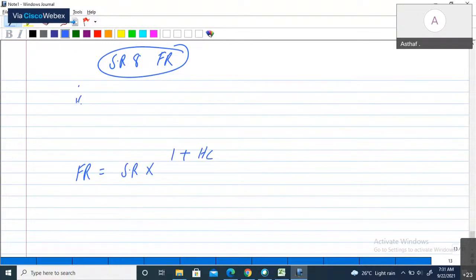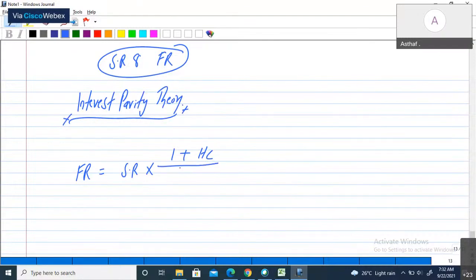This concept is called interest parity theory. What is interest parity theory? Your forward rate equals spot rate into 1 plus home currency interest rate divided by 1 plus foreign currency interest rate.